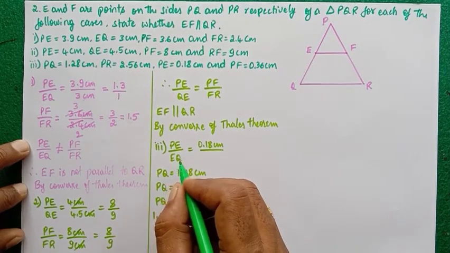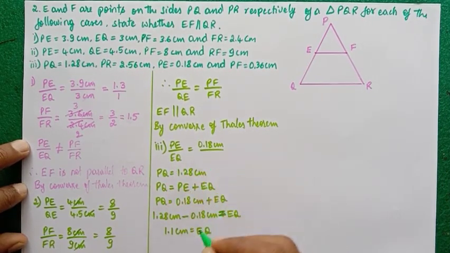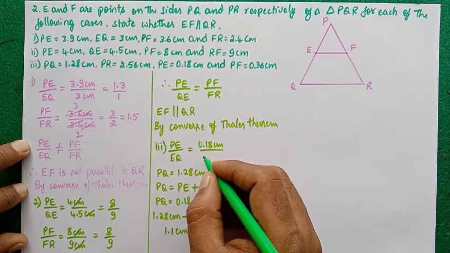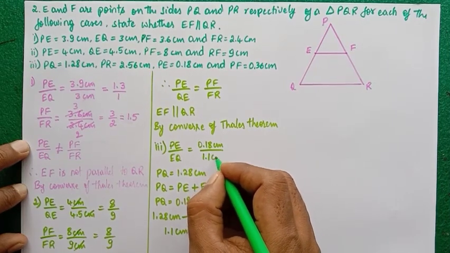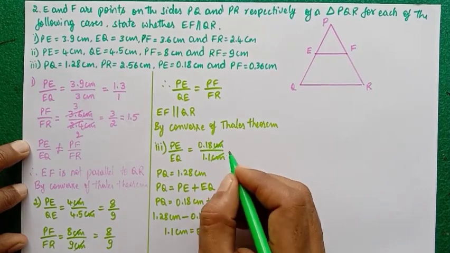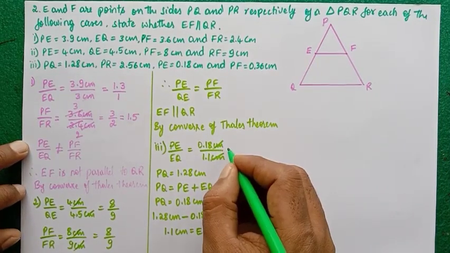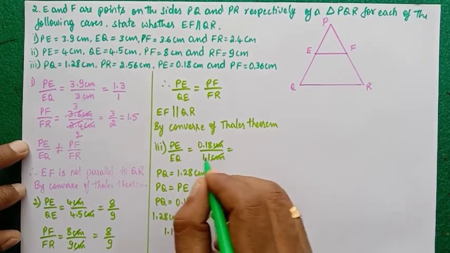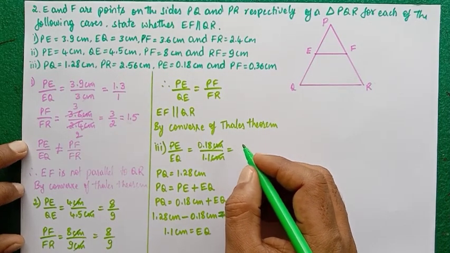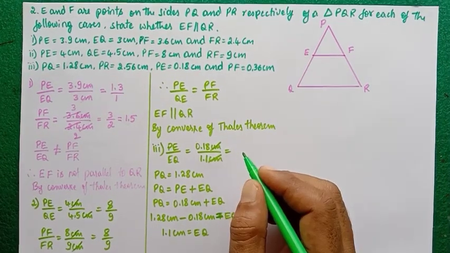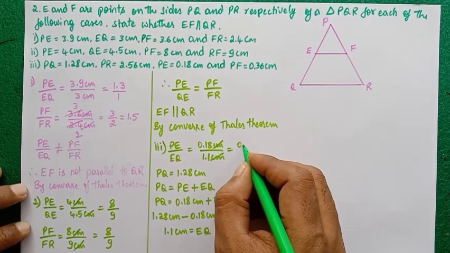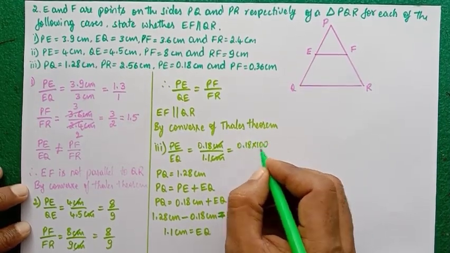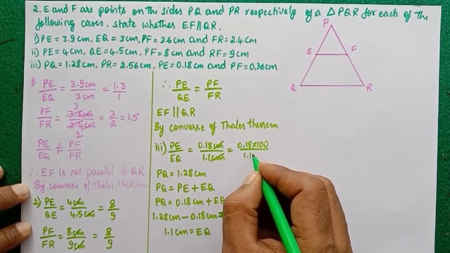So now we will substitute this EQ value, 1.1 centimeter, here. The centimeter cancels. Let us multiply with 100. So 0.18 into 100 by 1.1 into 100.